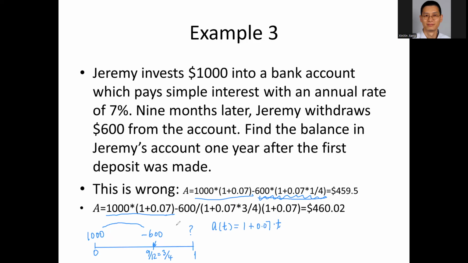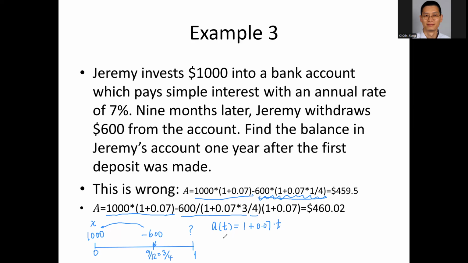You need to sort of discount back. We're going to talk about discounting back in more detail later on. So you look for some value here that will accumulate to $600 at time 3/4, and then use this x value to accumulate for 1 year.